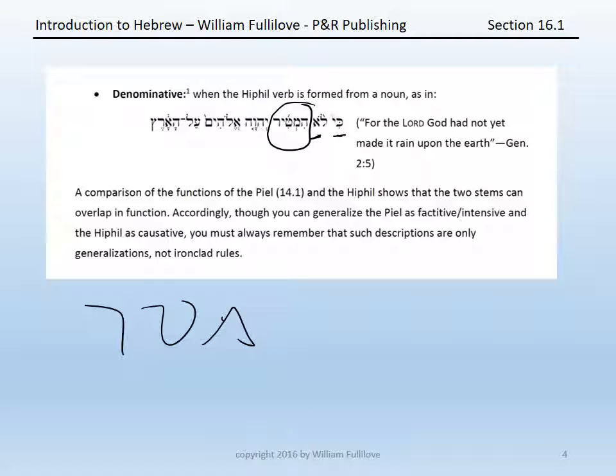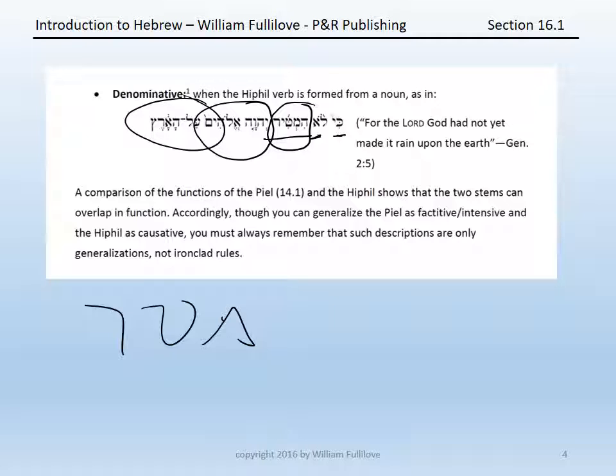And it seems that the nominal form is original, matar as rain, making the nominal form into a verb, in this case is done in the Hiphil, to make rain. So, for the Lord God had not yet caused rain upon the earth.